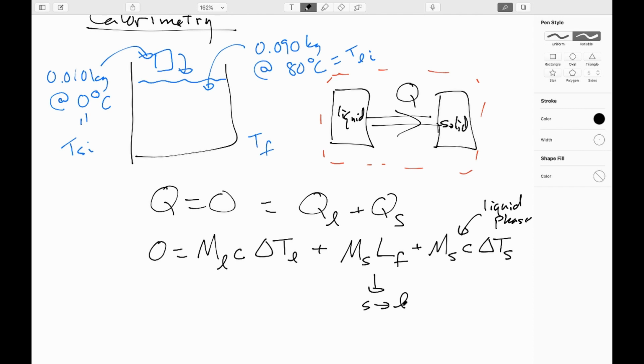Now, if the initial temperature were below 0 degrees C, we would have to have another term like this, where we had the specific heat of the solid phase of water, and we would have a temperature change up to 0 degrees C. So that's how you would handle that if the initial temperature were non-zero.